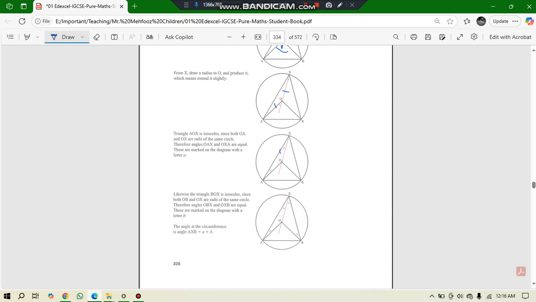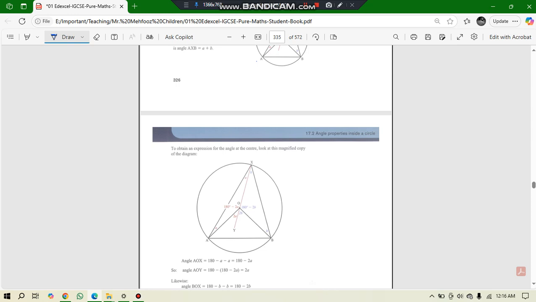Again, this angle is letter A, this angle is also letter A. So now we deal with this triangle BOX. In this triangle you can also say that this is an isosceles triangle. Why? Because here is also a radius and also a radius, so this angle and this angle are also the same. We name these angles as B, right? After that you can say that the angle AXB is equal to A plus B, right?